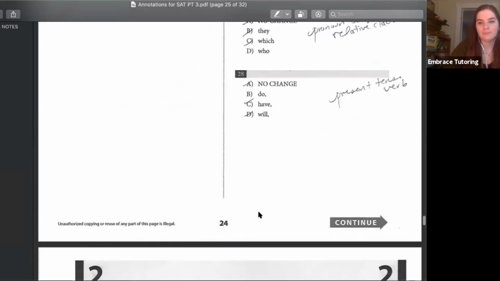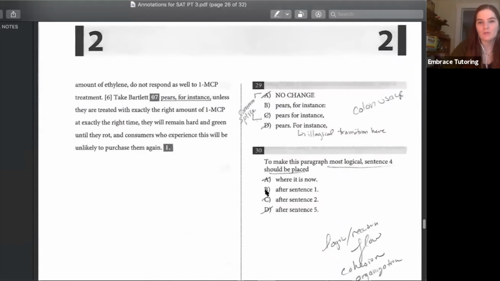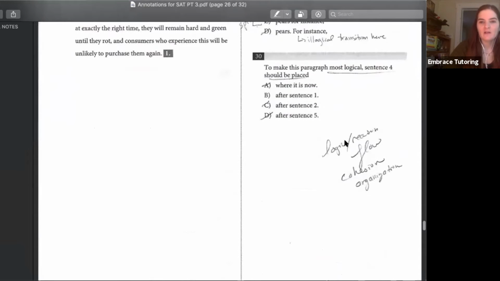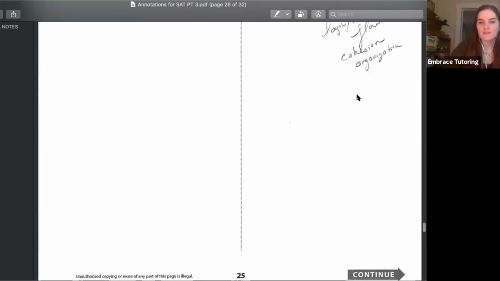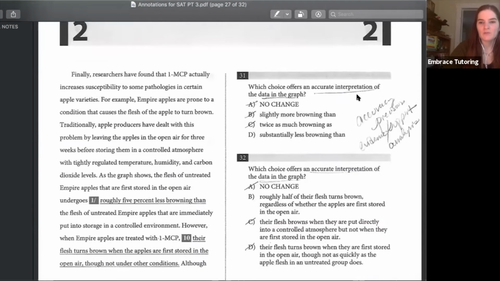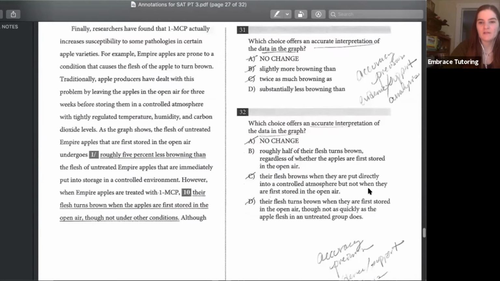Present tense verbs, colon usage, so more punctuation, dealing with comma, like identifying comma splices, logical transitions. Yeah, organization, accuracy, precision, evidence, support, analysis.